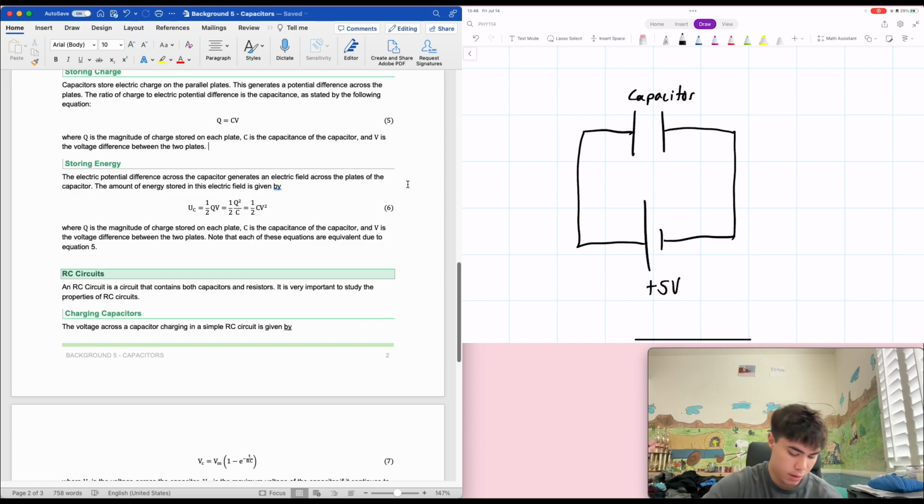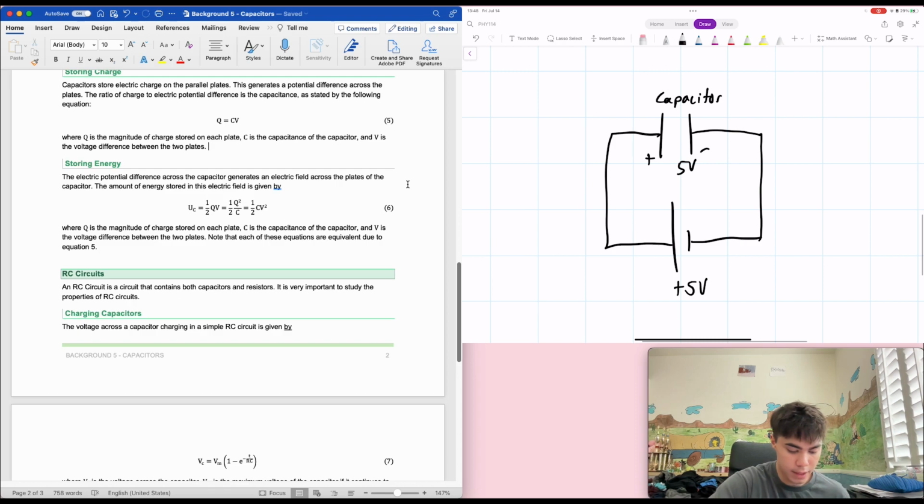In this circuit, the capacitor will have the same electric potential across it as the battery. So we'll also have plus 5 volts across the capacitor, with the same polarity as the battery, with the left side being the positive and the right side being the negative.